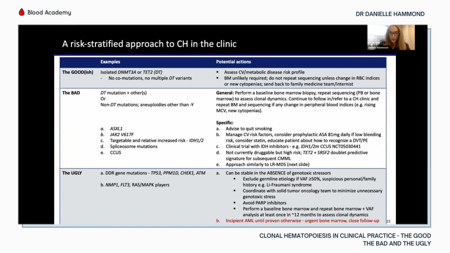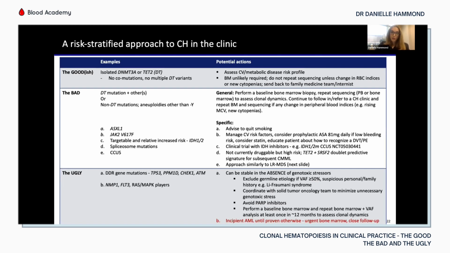And then the bad, this is where the risk of subsequent hematologic neoplasm is elevated enough that I do think it's warranted that they are followed longitudinally in a clonal hematopoiesis or similar clinic. So these are patients where they have the DNMT3A or TET2 mutations, but in combination with other mutations, or they have non-DT mutations, or they have aneuploidies.